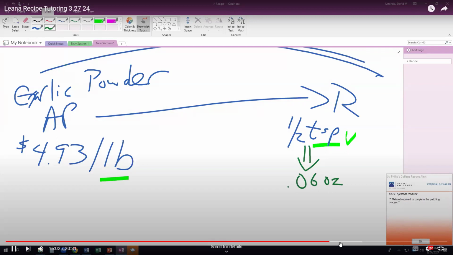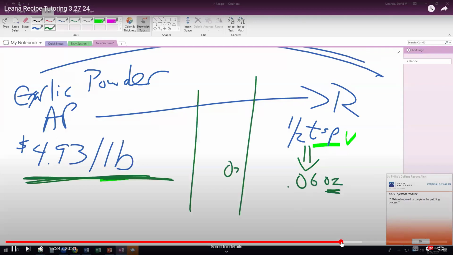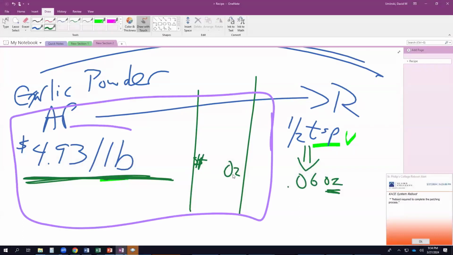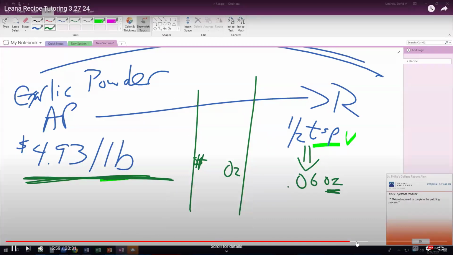So now that we have ounces compared to pounds, we can get down to the cost of 1 ounce. So we draw our middle column, we write the word ounce, and that tells me that I'm going from this side, the AP, the cost of 493 per pound, down to the cost of 1 ounce. We discussed dividing because 1 pound is 16 ounces.